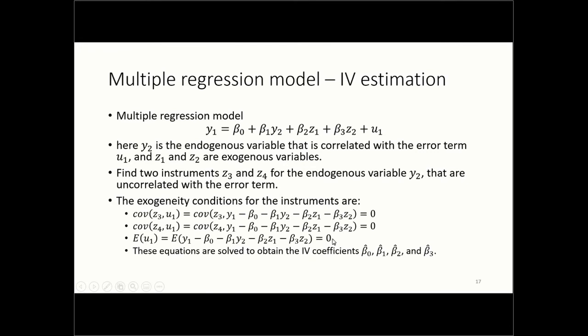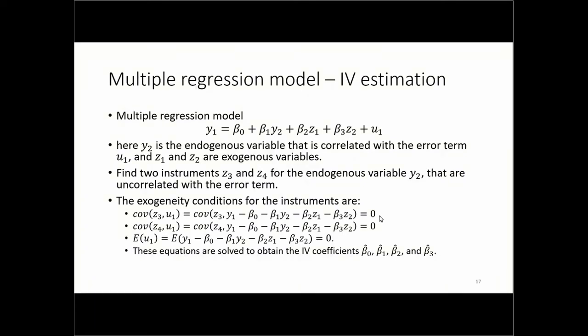So now what we're accomplishing with these equations is that they can be solved to obtain the IV coefficients, for beta 0, beta 1, beta 2, and beta 3. Now, because we have multiple independent variables, these expressions are going to be much more complex.